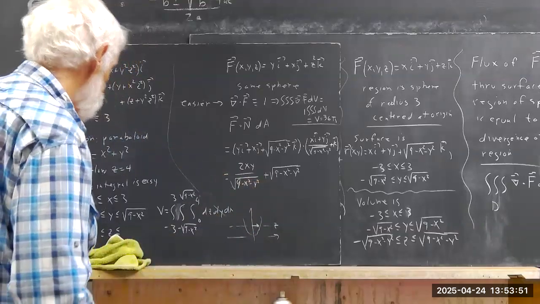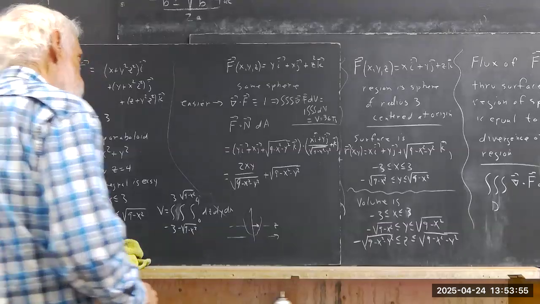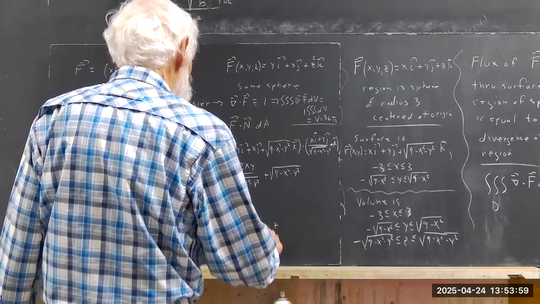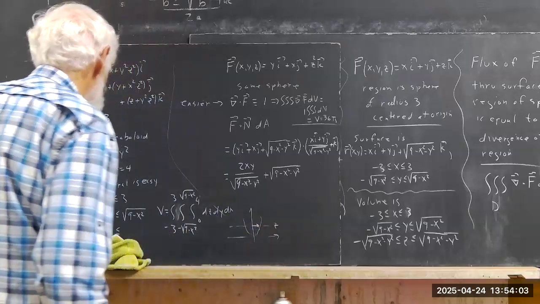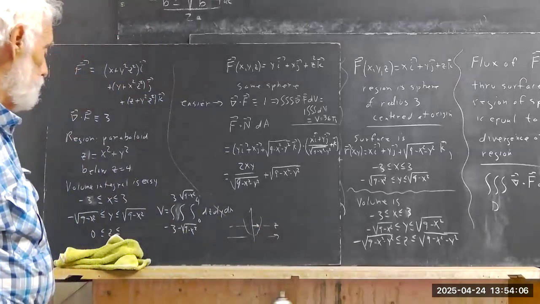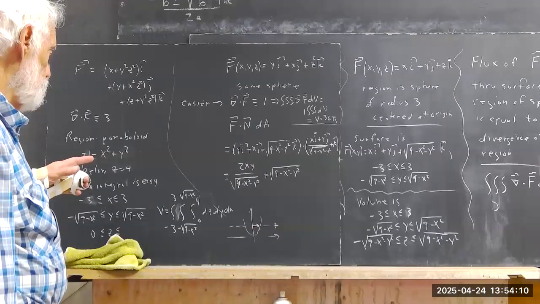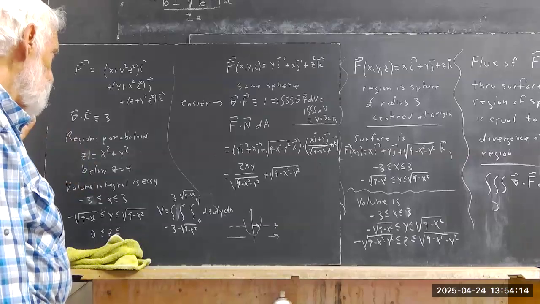Now, if this is z, z equals x squared plus y squared. Then radius is square root of z.